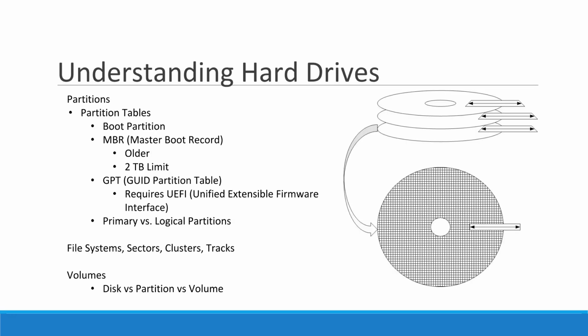One more thing I wanted to mention about this. When we delete a file on a hard disk, that's really the job of the file system, and we'll probably talk about this in the file system lecture, but we don't actually delete the data on the disk. All we do is delete the pointer in the file system. So say there's data, 1s and 0s, in this particular cluster here. If we delete that file, we're not actually going through and scrubbing this and zeroing it out, as we like to say, or changing all the magnetic properties.